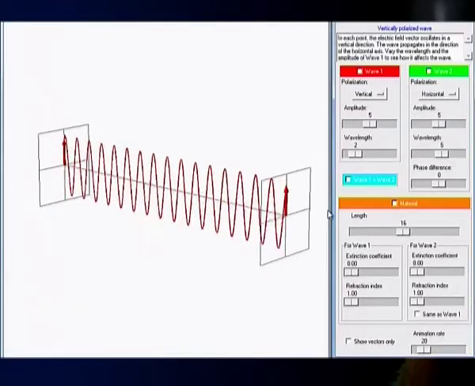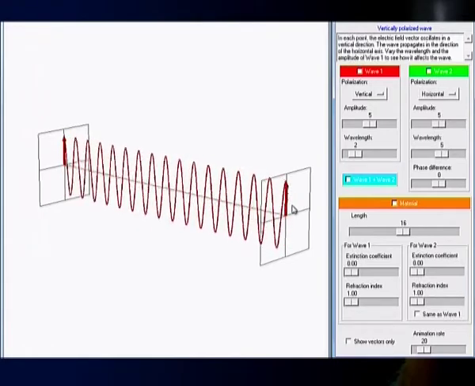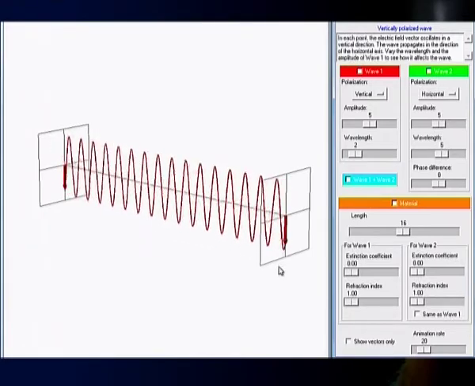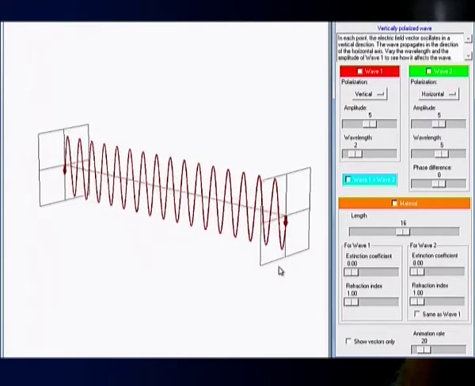Since the distance is fixed and I have decreased the wavelength, the number of waves coming through, which you can see as an arrow coming towards you, becomes larger, so the frequency becomes larger. So, there is an inverse relationship between frequency and wavelength.